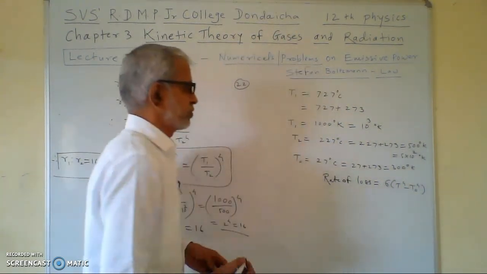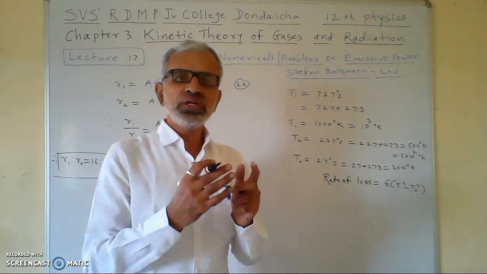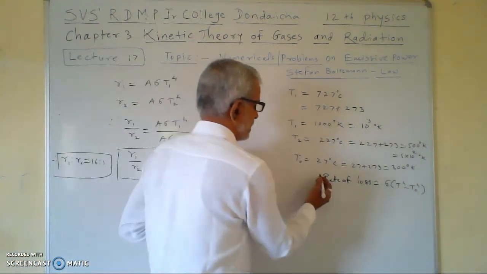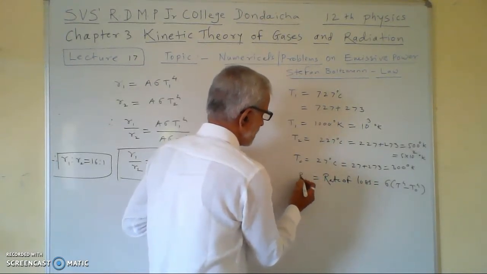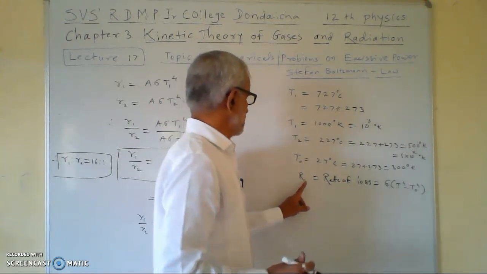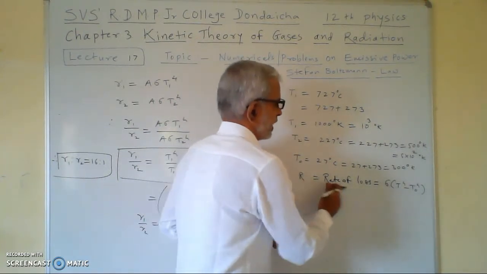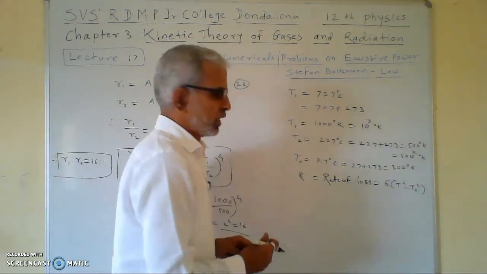This is the formula for rate of loss of heat. Now we denote this rate of loss of heat by some symbol. Let us denote it by R. R is the rate of loss of heat, R equal to sigma T raised to 4 minus T0 raised to 4.